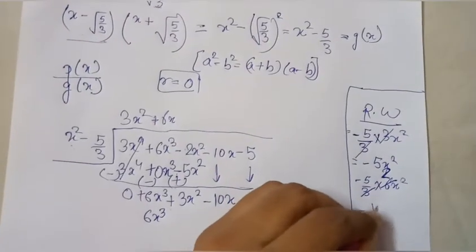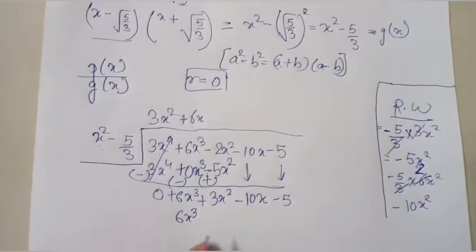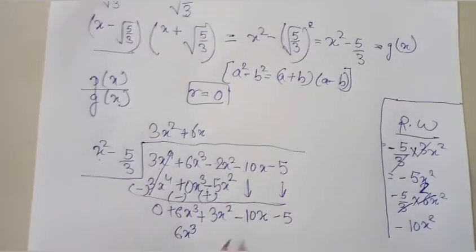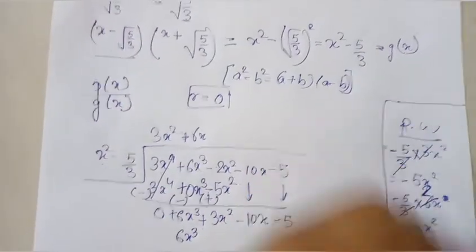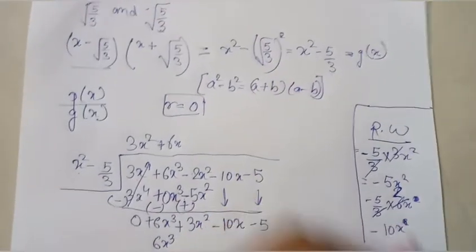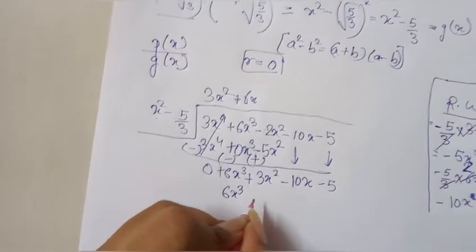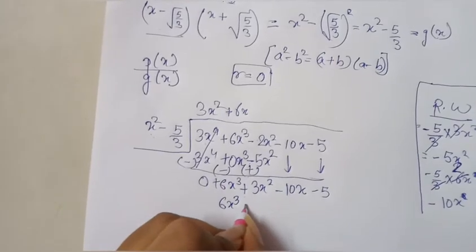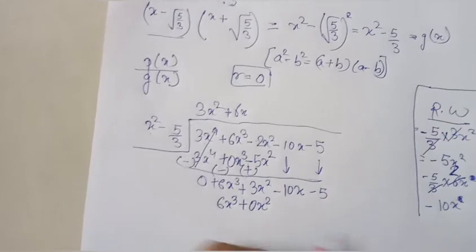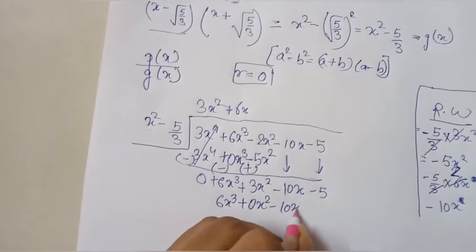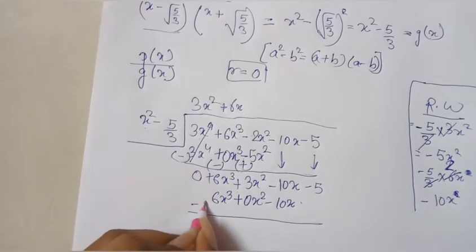So we'll get minus 10x. Sorry, not x square, it is just x. And the x square term is again remaining, so we'll write plus 0x square, and you can see minus 10x, and now we'll change the signs.